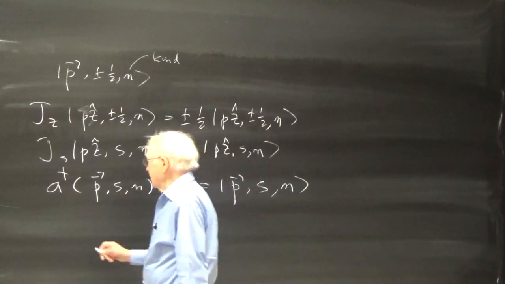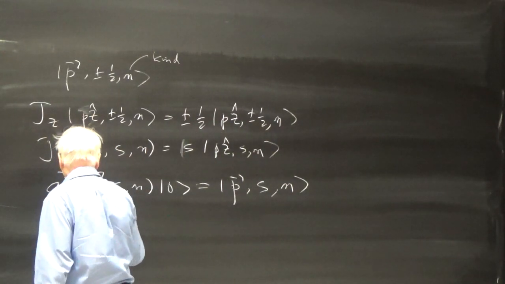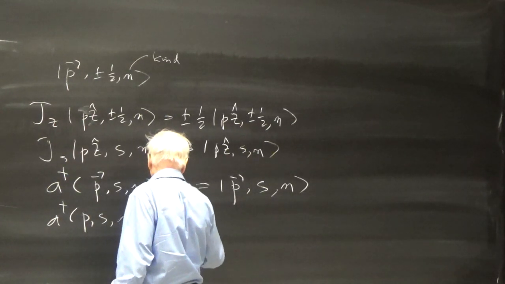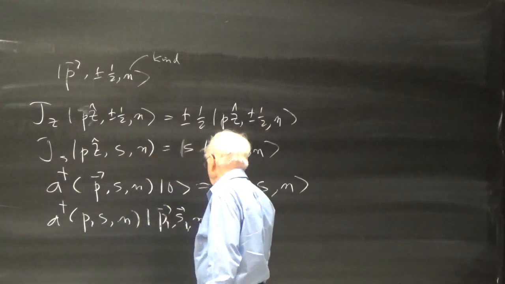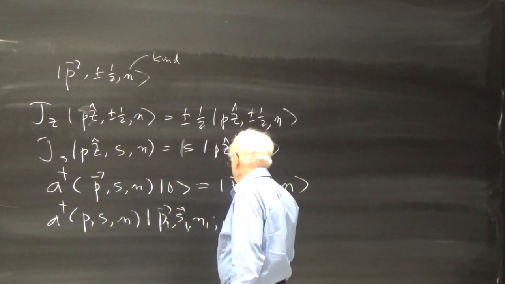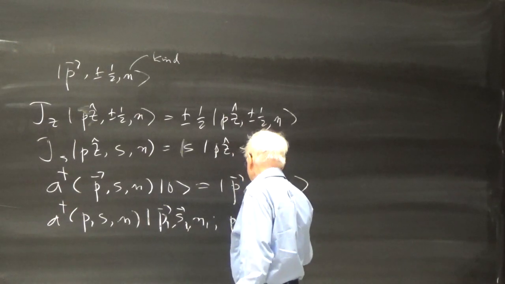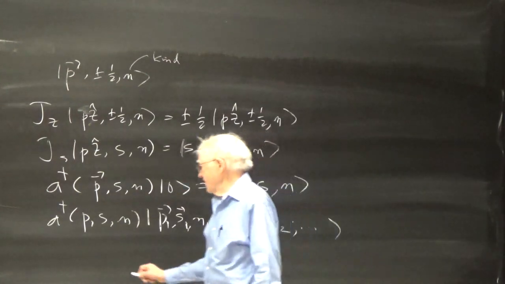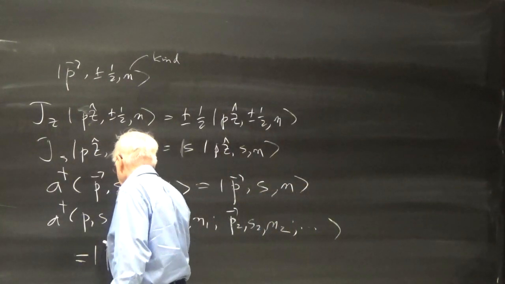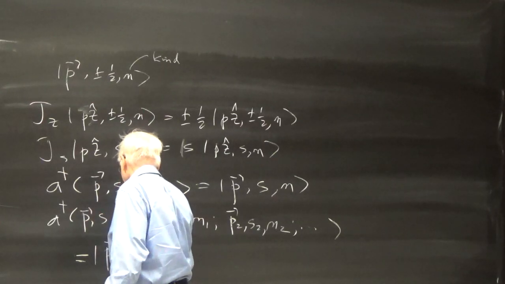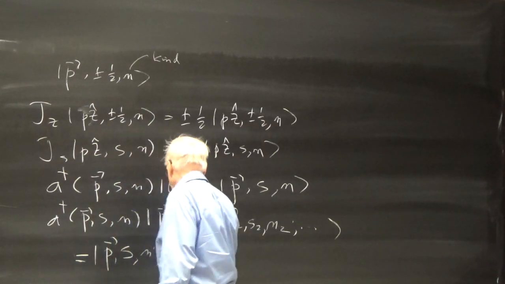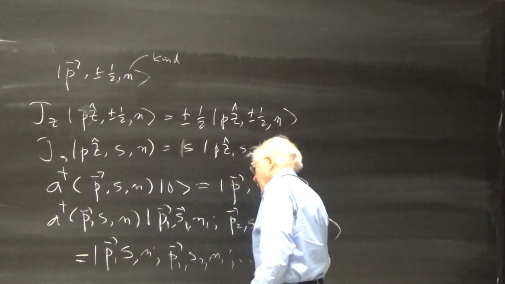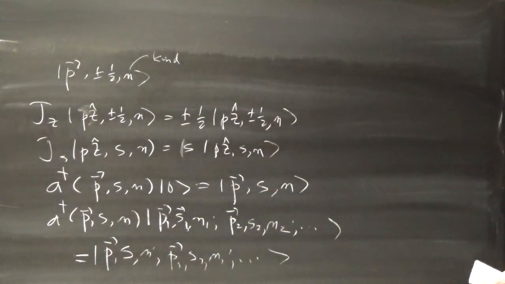And in particular, the same creation operator takes a state |p1 s1 n1; p2 s2 n2; ...⟩ into a state |p s n; p1 s1 n1; ...⟩. So that's what the creation operator does.